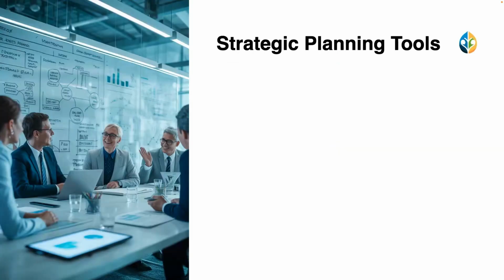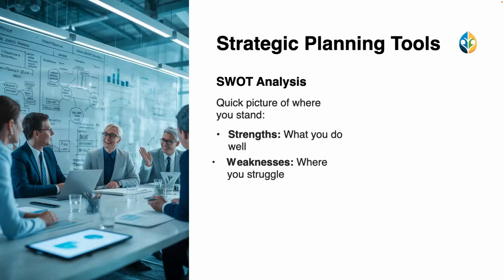Next, strategic planning tools. Before big decisions, you want to do a SWOT analysis: strengths, weaknesses, opportunities, and threats. It shows where you are strong and what could block you. Then map your business on one page with the business model canvas, right?